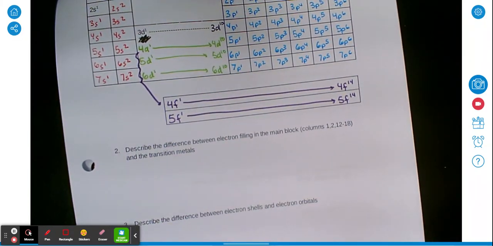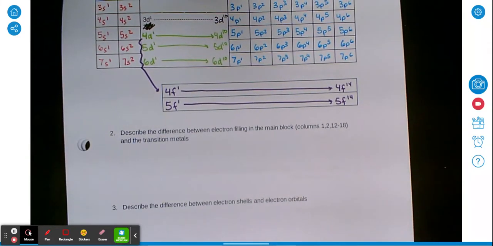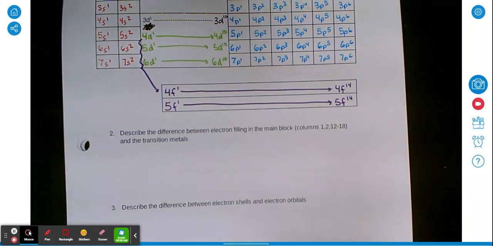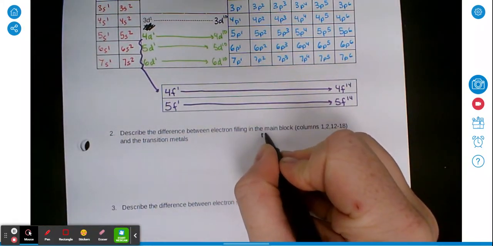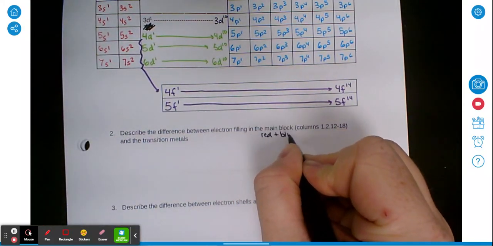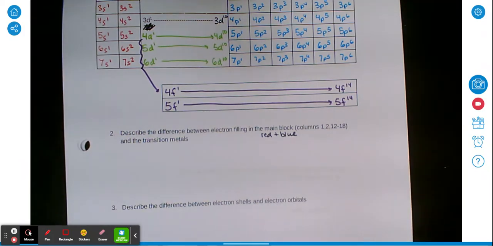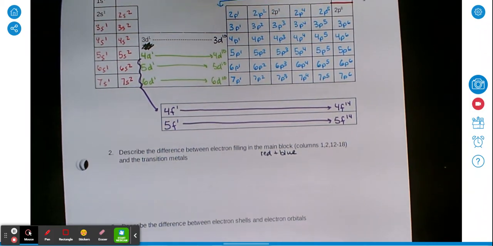Okay, so question 2: describe the difference between electron filling in the main block, which is my red and my blue, and then electron filling for the transition metals. All right, well, the answer is on my table.